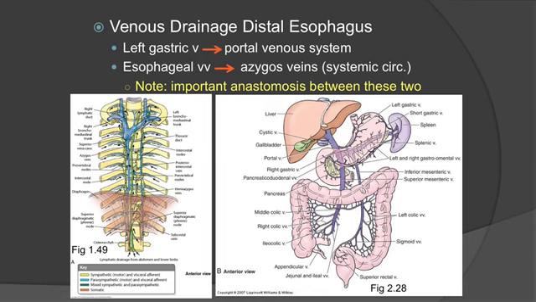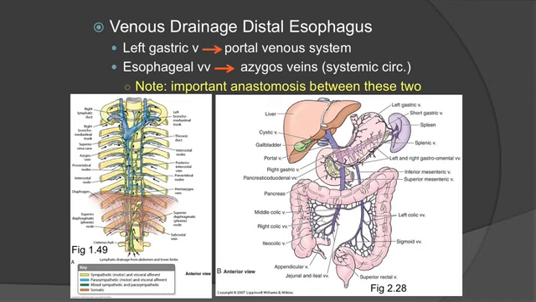What's more important is the venous drainage to the distal esophagus, because there's two major drainage sites. There's the left gastric vein and the esophageal veins. Now these are important because the left gastric vein is draining into what's called the portal venous system, and the portal venous system is responsible for draining the GI tract and emptying it into the liver, where all those things that are absorbed from the GI tract are going to go to the liver to be processed.